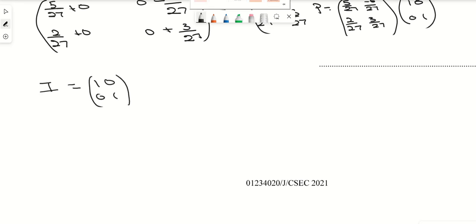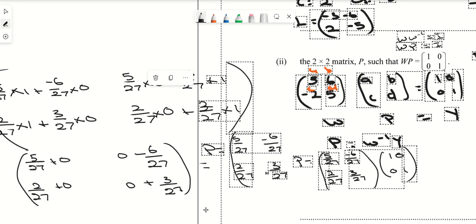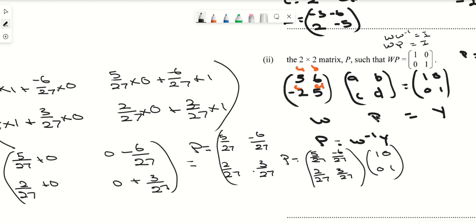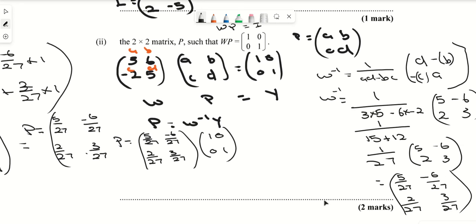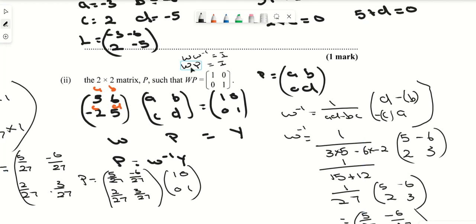If you remember, this is also known as I. You could have said that W by P is equal to I, or W by W inverse is equal to I. So all you had to do to find this answer was to just find the inverse of W. And we already found the inverse of W in this long working here, which is 5 over 27, minus 6 over 27, 2 over 27, and 3 over 27, which is the same thing as P. So if you remember this rule, guys, W by W inverse gives you I, and I is 1001.